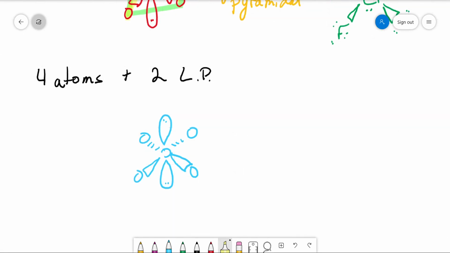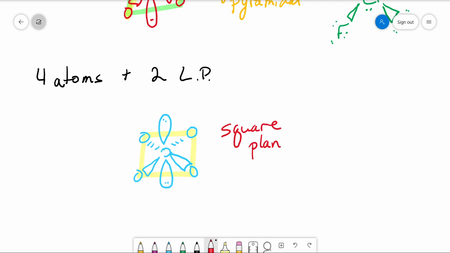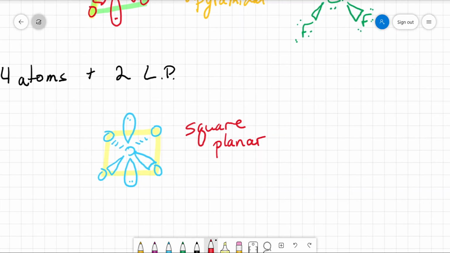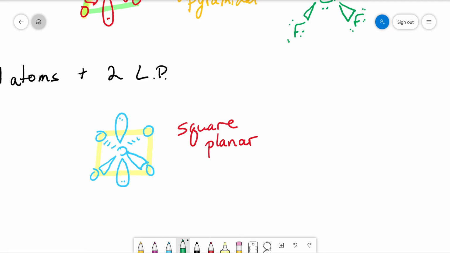And this isn't a square pyramid, it's just a square. But because it all lies on the same plane, we call this square planar. And a square planar molecule is xenon tetrafluoride.